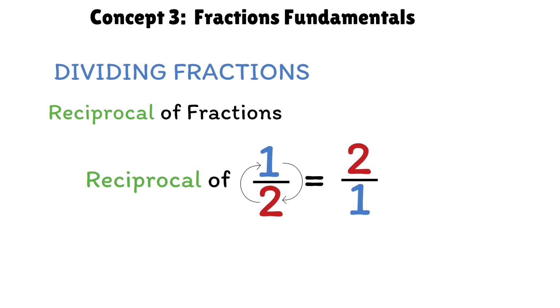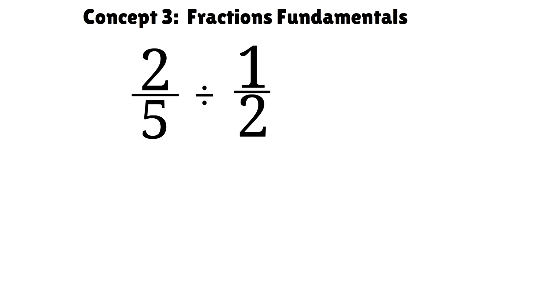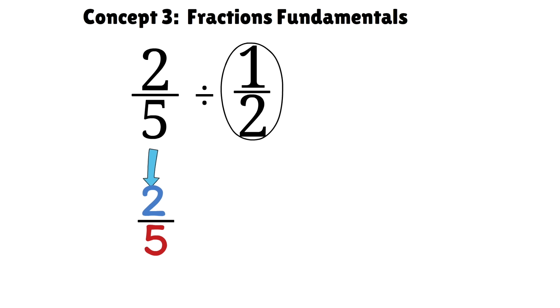Now let's apply our knowledge of reciprocals to divide fractions. Let's divide 2 over 5 by 1 over 2. To solve this, we'll follow these easy steps. First, we'll keep the fraction that is being divided just as it is. So we'll keep the 2 over 5 just as it is. Next, we'll find the reciprocal of the fraction performing the division. So we'll find the reciprocal of 1 over 2.